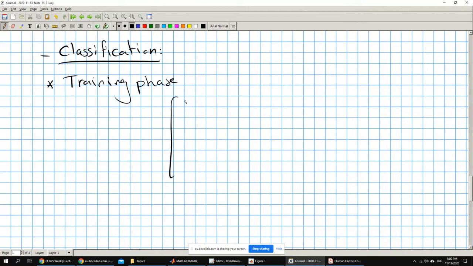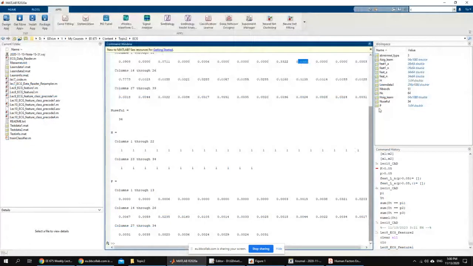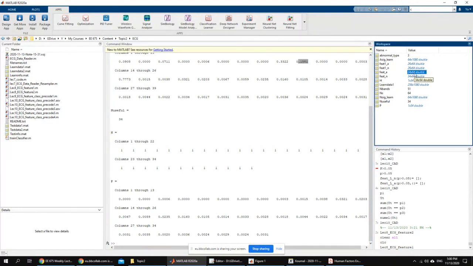We have to have a matrix where one dimension is the number of cases, each row being a case, and the other dimension is the features. If you remember from last time, we have feature A through feature N. Here actually it's the opposite: it's 34 features times 64 cases. So we need to transpose that and have it as 64 times 34.